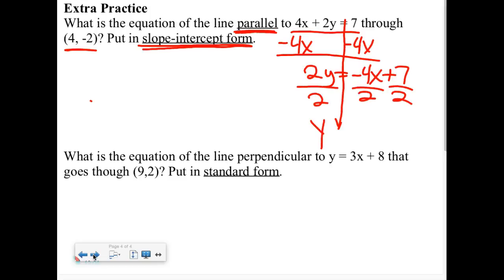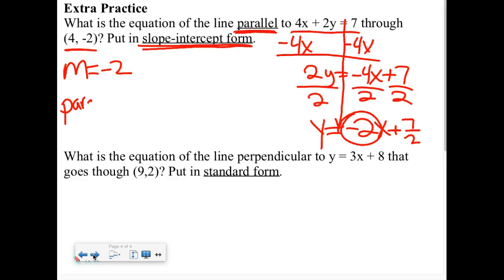So I'm going to have y equals negative 2x plus, and this doesn't really affect us, but we could just leave it as 7/2. So that means my slope is -2. My parallel slope is the same, -2.